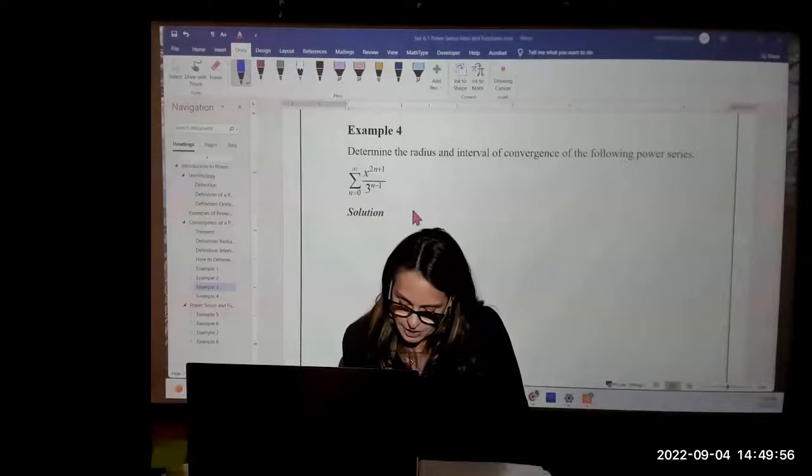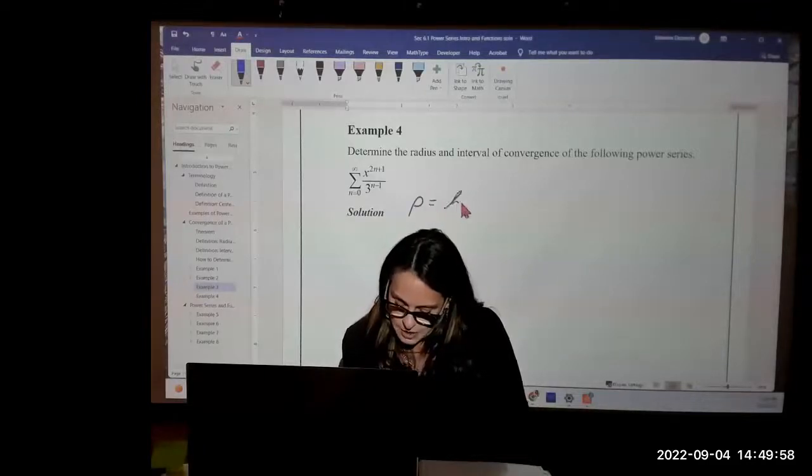And again, we are looking for rho. So rho is going to be the limit as n goes to infinity of a sub n plus 1 over a sub n.